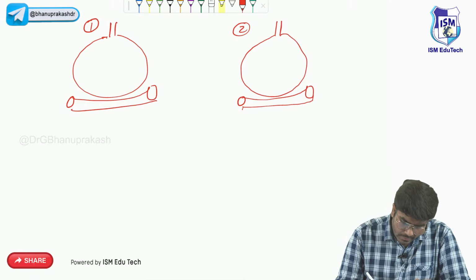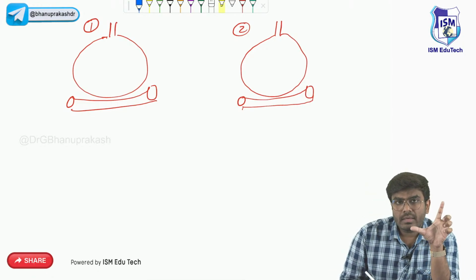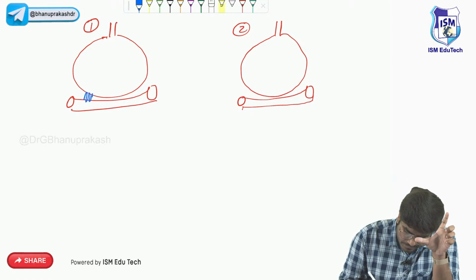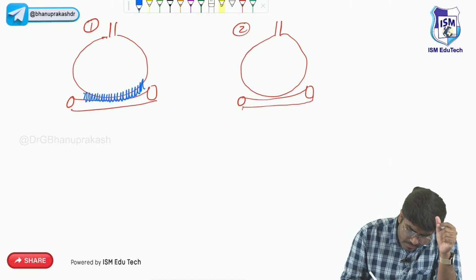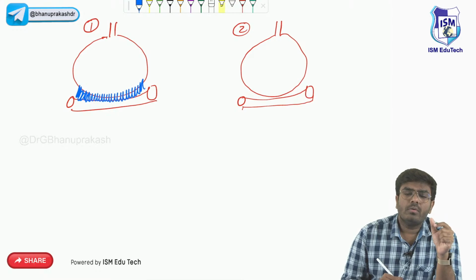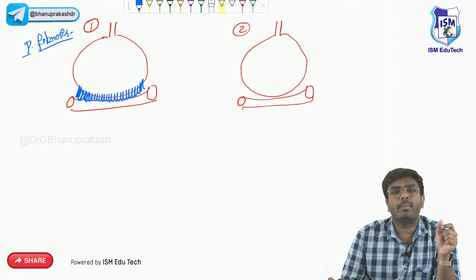Now see, because of some reason, in case number 1, the alveolar basement membrane is so much thickened. Now, this condition is called pulmonary fibrosis.